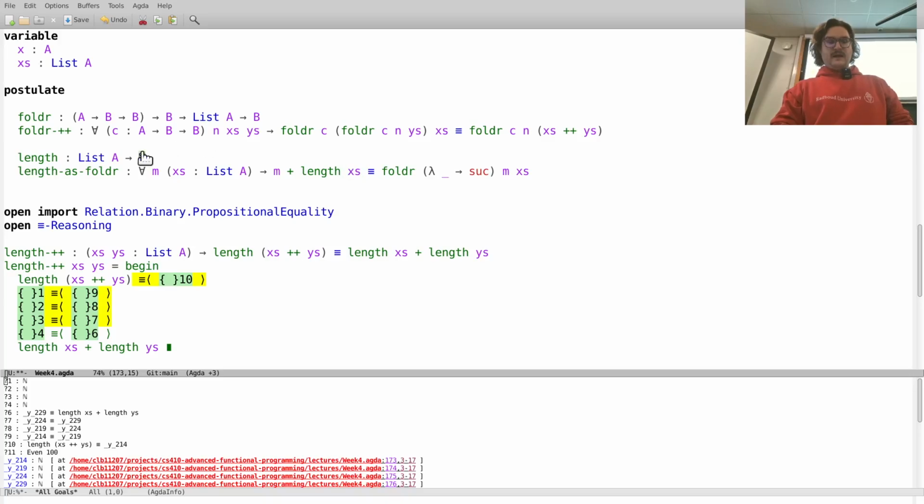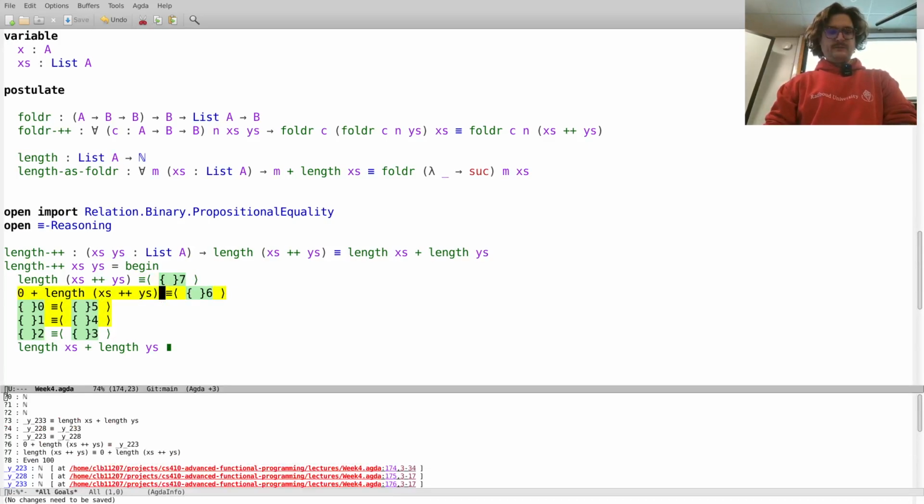The only thing that I know about length is that if I have m plus length of something, then I get to unfold it as a value. And what do I know about plus? Well, I know that 0 is a neutral element for plus, right? So my first step is going to go to this thing so that I've transformed my original goal into something that is amenable to using this reasoning step, right?